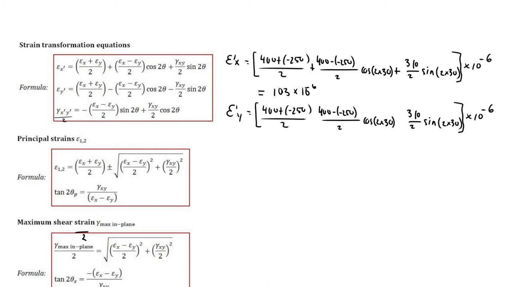Okay, and I'll do that in blue so you guys see where I'm doing this. So negative, just like in the strain transformation equation here, if we look at the difference between the X and the Y, it's simply just the signage in there. If we put that in our calculators, we will find that our transformed strain in the Y component is 46.7 times 10 to the negative 6.